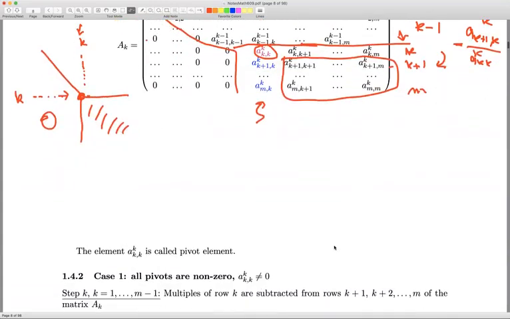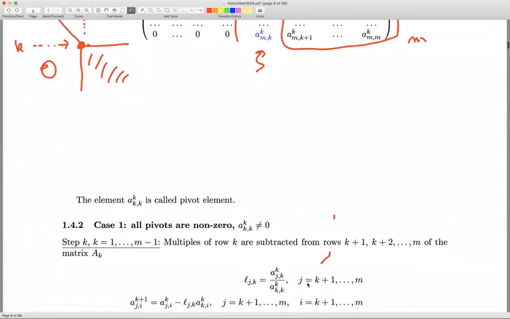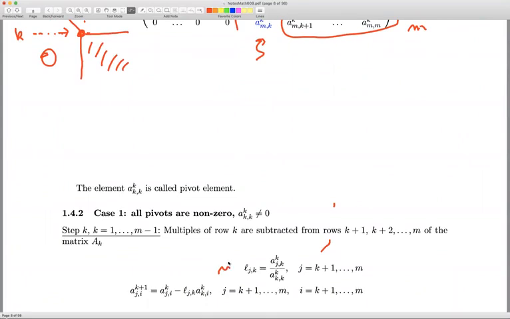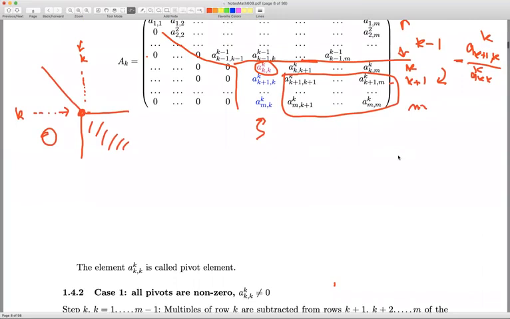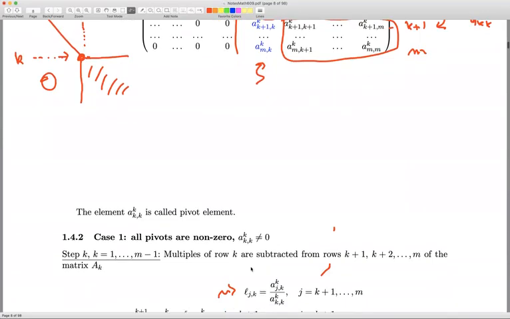If we write down the actual formulas, then the formulas are the following. First, we compute the numbers LJK, which are exactly, if you see, these are those numbers, AK plus 1 KK divided by AKK.